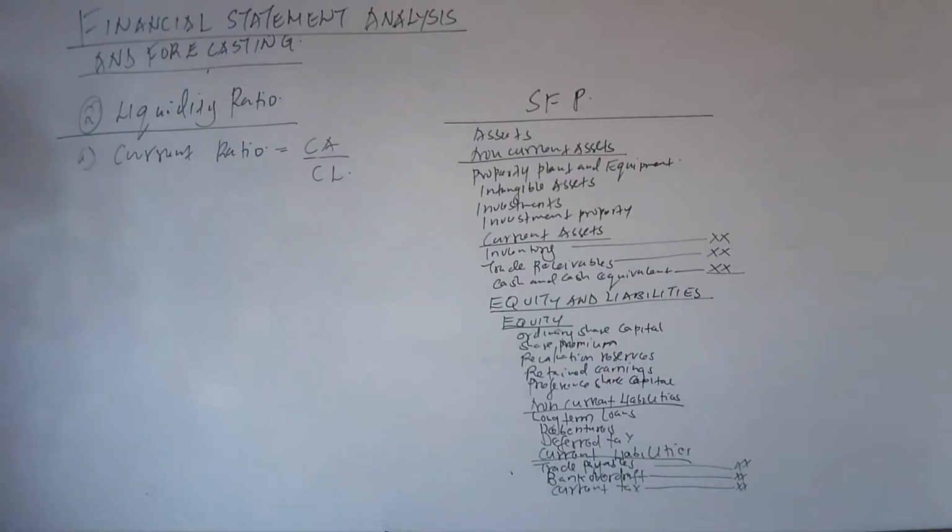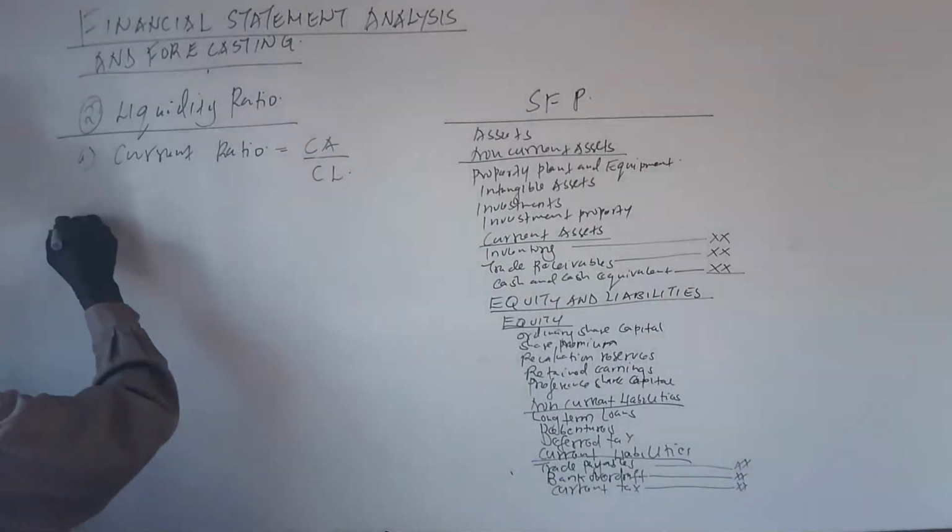It indicates the ability of the company to meet its current liabilities from its most liquid current assets. The recommended quick ratio is 1:1.